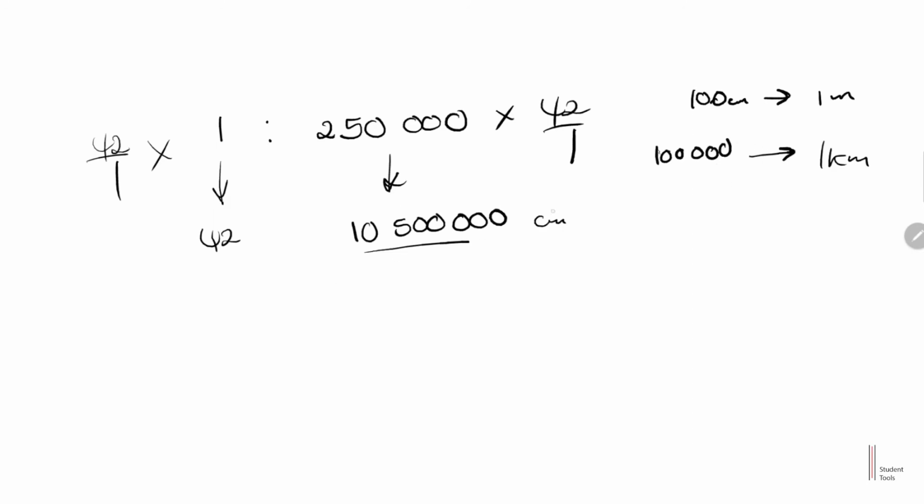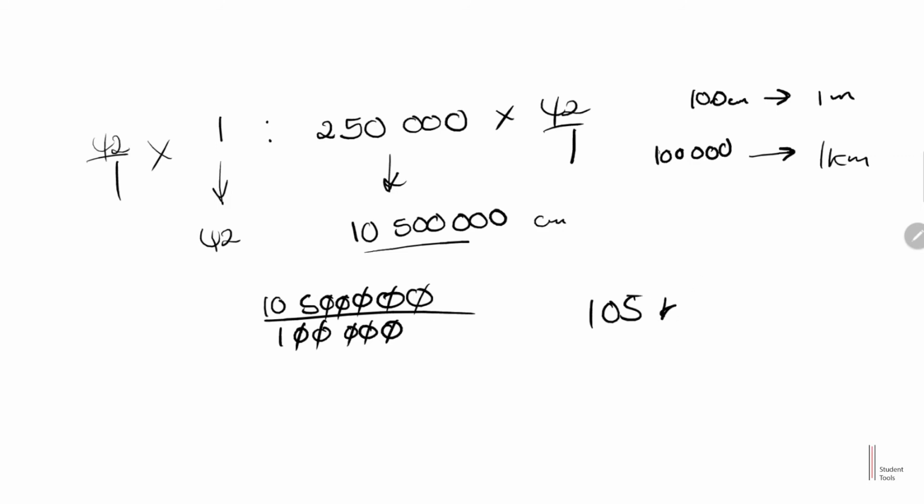So we have to divide 10,500,000 by 100,000. So we have 105 kilometers. So this is the actual distance in kilometers between the two cities, which are 42 centimeters apart on the map. And that is just how we do question 8, ladies and gentlemen.